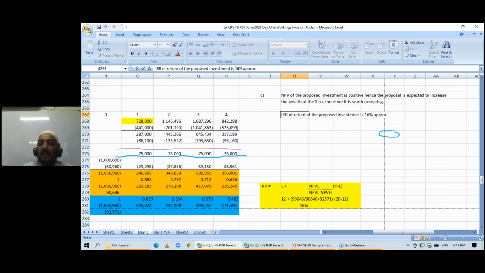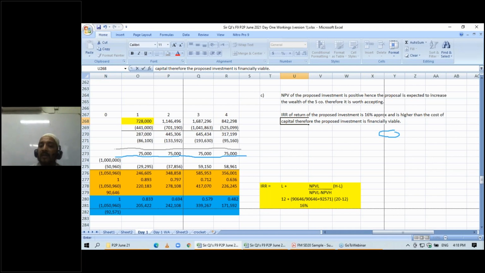approximately, and is higher than the cost of capital. Therefore, the proposed investment is financially viable.